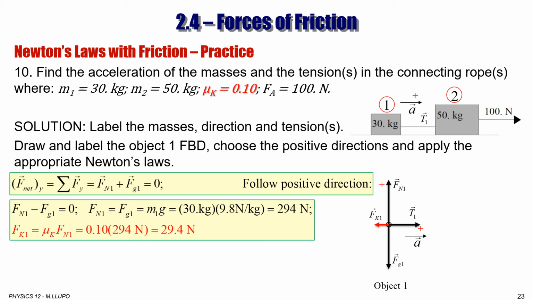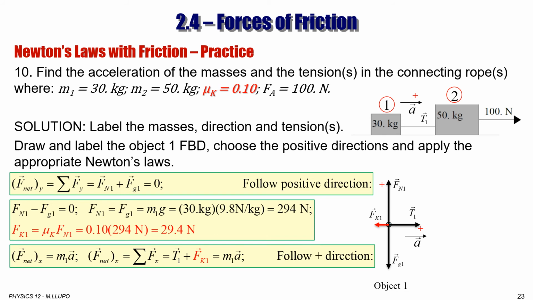Why do we need Fn1, or normal force? Because we need to calculate Fk1, which is mu k Fn1. So 0.10 times 294 Newton is 29.4 Newton. Next one would be on the x-axis.